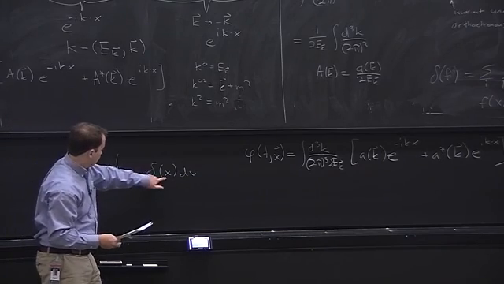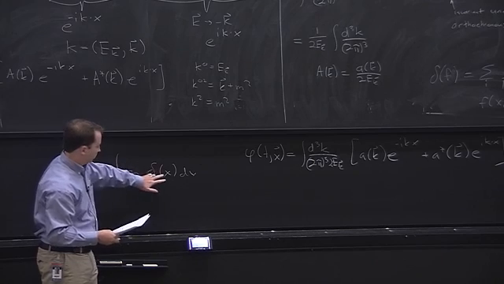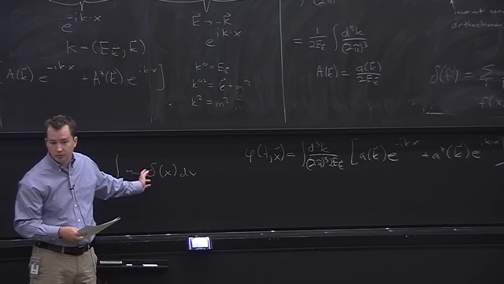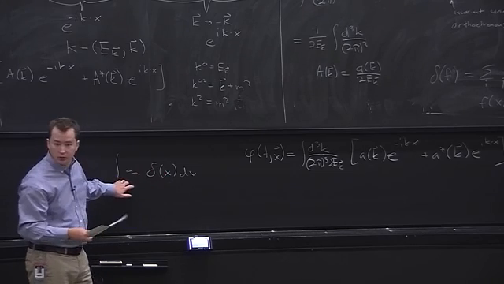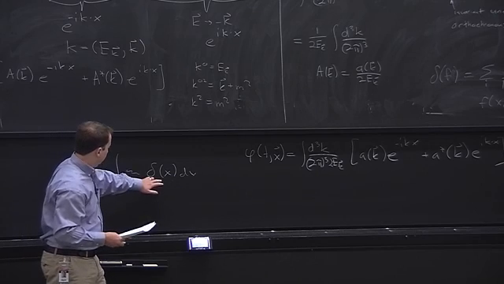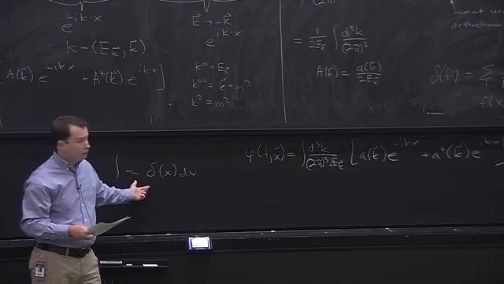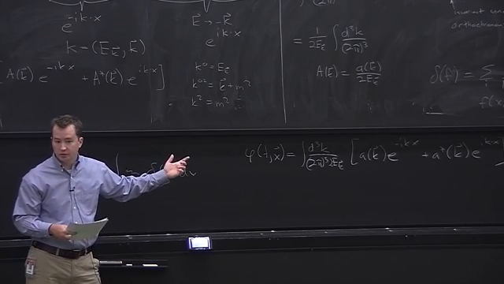If we have delta of f of x, we have to basically do a change of variables to put it into this form. So it doesn't just pick out the value of the test function at 0. We have these extra factors.